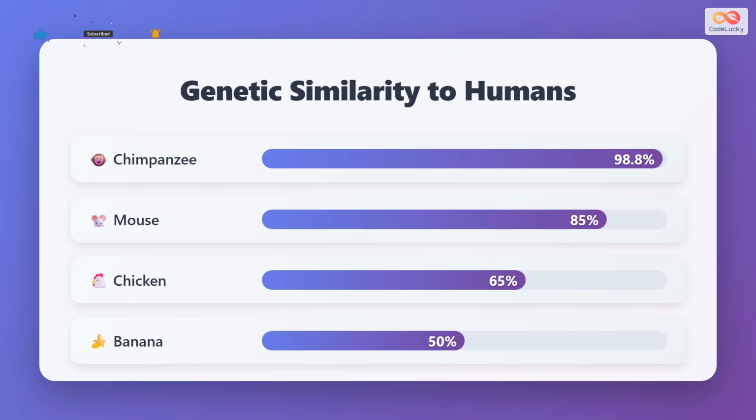Remarkably, we even share 50% of our genes with bananas, because we both inherited basic cellular machinery from ancient common ancestors. This pattern of decreasing similarity perfectly matches what evolutionary theory predicts. Closer relatives on the evolutionary tree share more DNA, while more distant relatives share less.